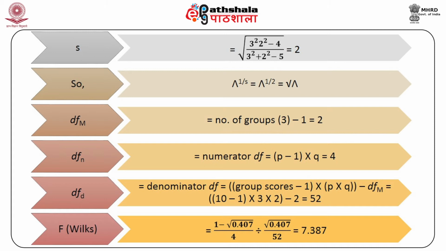So, substituting all the values, we find that F by Wilks turns out to be 1 minus under root of 0.407 divided by 4, the whole divided by under root of 0.407 divided by 52, equal to 7.387.